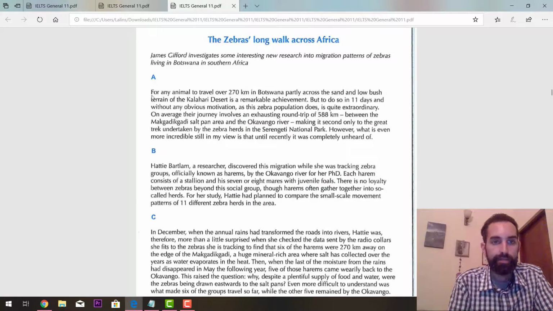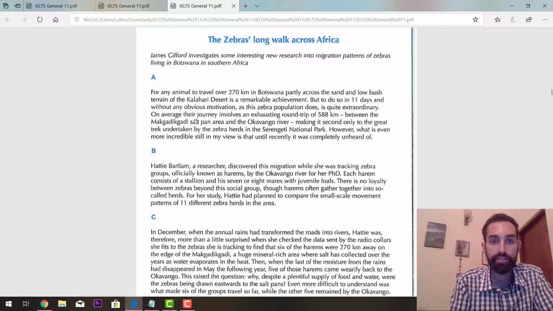Okay, A. For any animal to travel over 270 kilometers in Botswana, partly across the sand and low brush terrain of the Kalahari Desert, is a remarkable achievement. But to do so in 11 days and without any obvious motivation, as this zebra population does, is quite extraordinary.